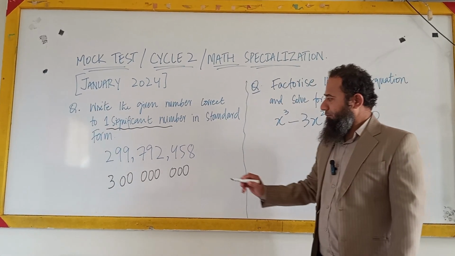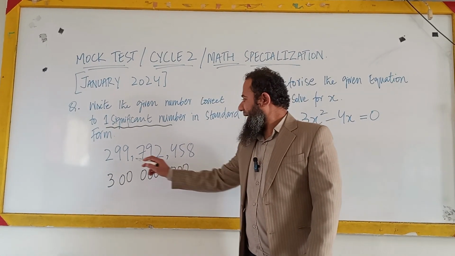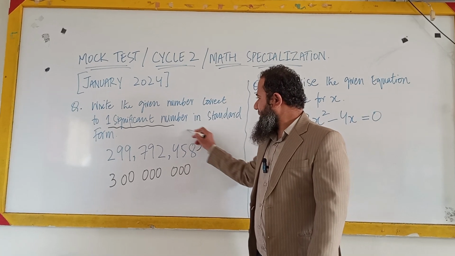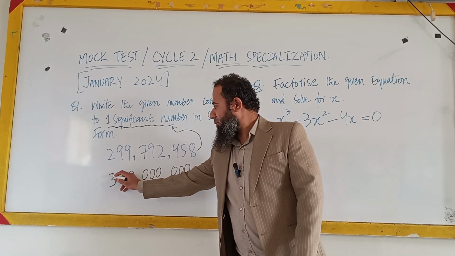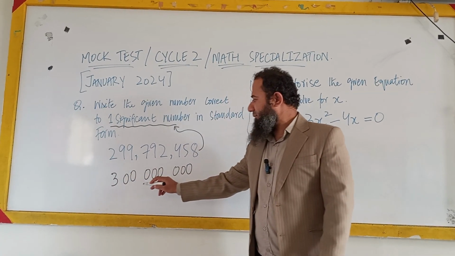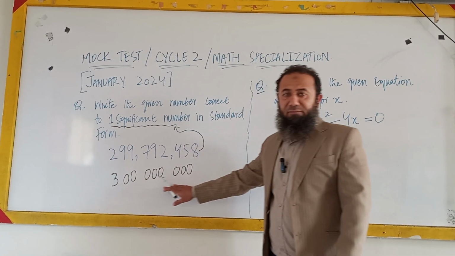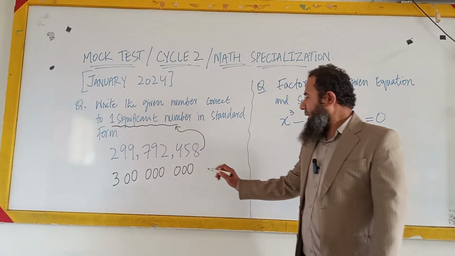The reason is that we need to convert this number into one significant figure, so we must have only one significant figure in this number, and the rest of the digits are equal to 0.